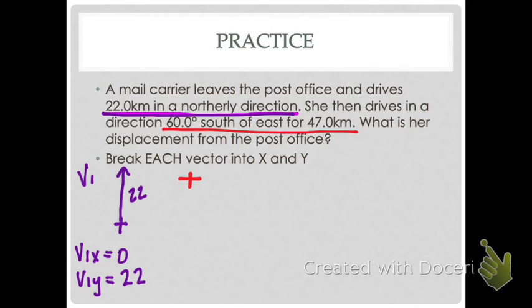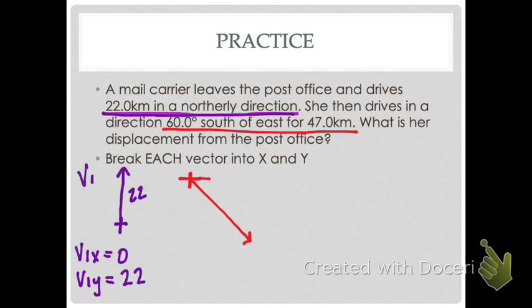Vector 2 now says it's 60 degrees south of east, 47 kilometers. So I'm going to draw it southeast. And I've got to decide where my 60 degrees has to go. South of east, so is it going to go here or here? I think it's going to go right here. South of east means it needs to touch the east axis, then go south.